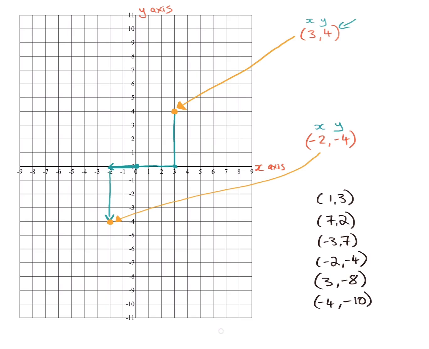Now, if you don't have a graph like this one here, let me just show you what you need to do. I'm just going to rub this out to make a little bit of space. Get your copybooks.